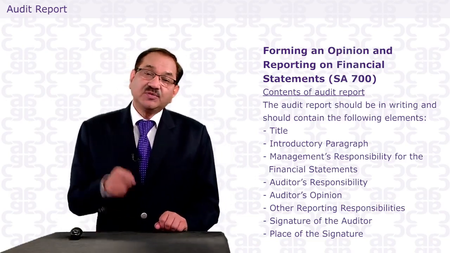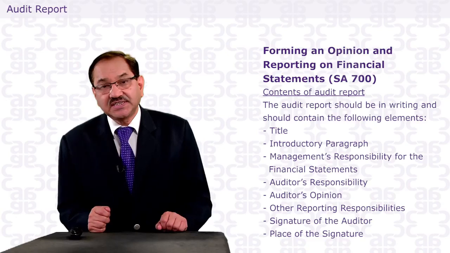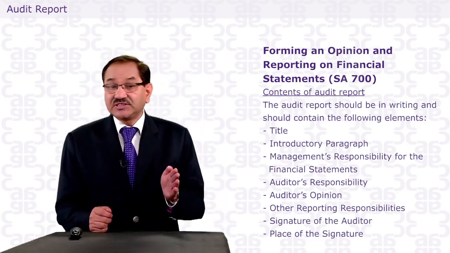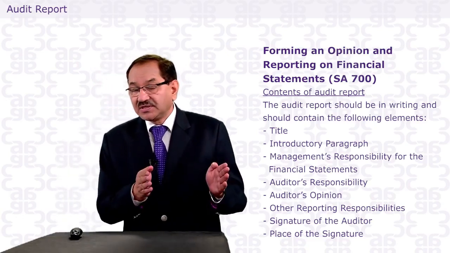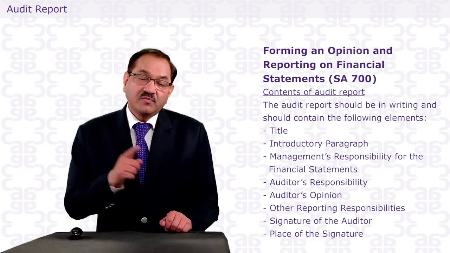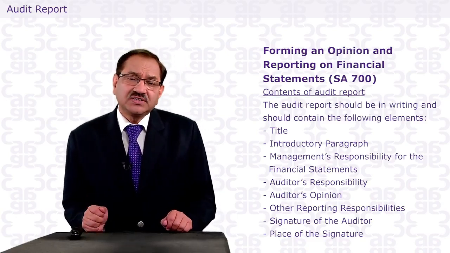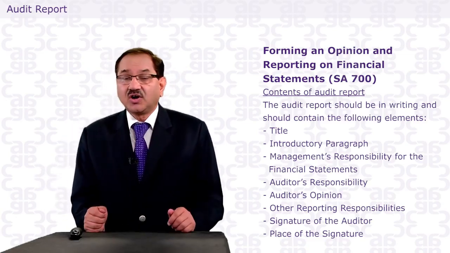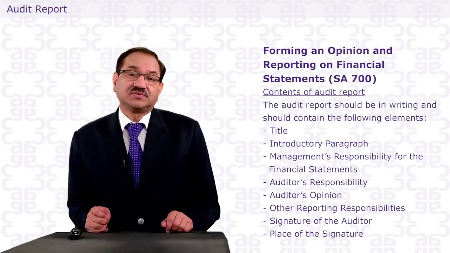If you are signing the report for 31st March 2013 on 30th June 2013, the significant events which happen from 1st of April 2013 up to 30th June 2013 have to be considered by the auditor when he signs the report.